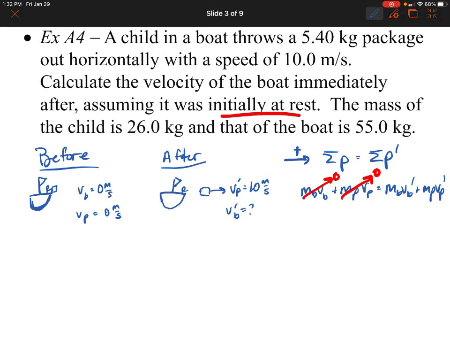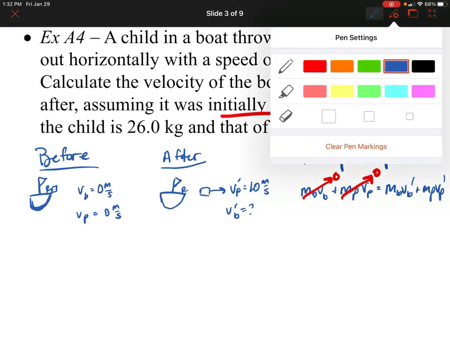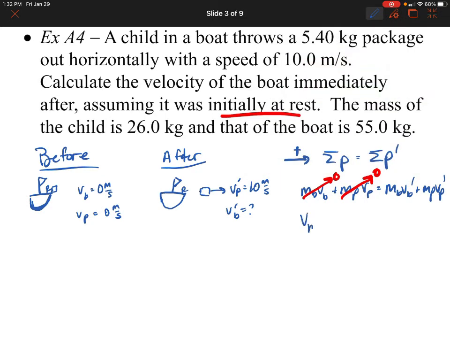Okay, so we have the mass of the boat and the kid. We have the mass of the package and the speed of the package. So I should be able to just rearrange this for the velocity of the boat and the child, right? I would subtract the momentum of the package afterwards from both sides, and then divide by the mass of the boat and kid, okay? And that's really all that we have to do.